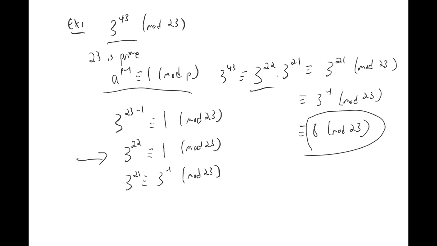If this is confusing, 3 to the 22 is 3 to the 21 times 3. Yeah, multiply by 3 inverse.